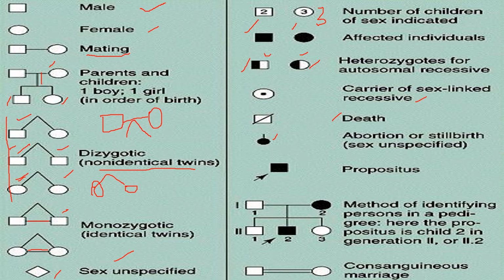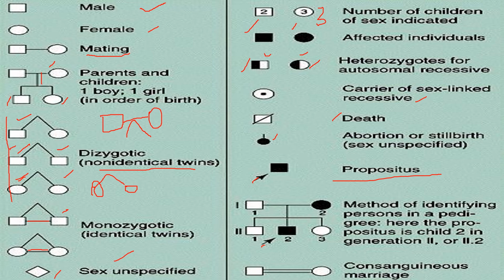And if it is like this, you can see this is the propositus, an arrow with a darkened square, or an arrow with a darkened circle. A darkened symbol alone means affected individuals. If there is an arrow facing the darkened square or circle, then it is called the propositus.